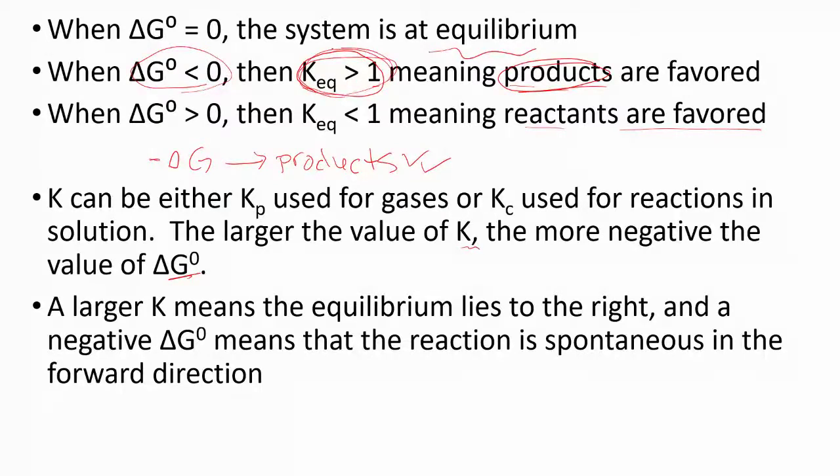K is greater than 1. Make sense? All right, so if delta G is greater than 0, then that means delta G is positive, which means we are not making products. Our reactants are favored. These reactants do not want to become products. Therefore, my K is less than 1.